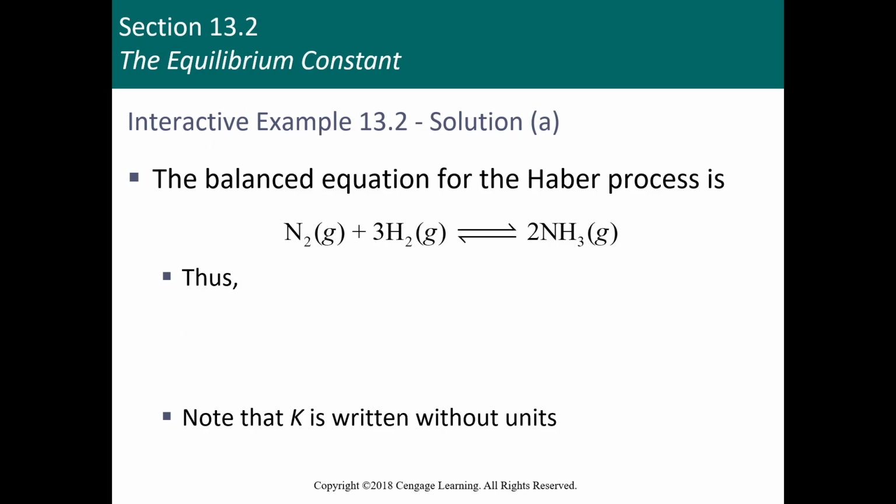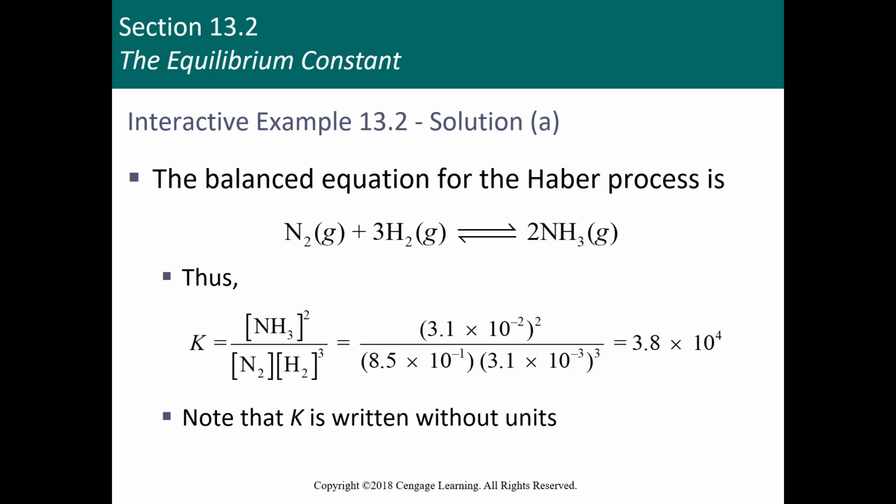So right here we have our Haber process. We go ahead and put our equilibrium expression. Again, it is product, right there, to the power of its coefficient, divided by the reactant, and then its coefficient is 1, so we don't put anything. Or we just put 1, either way. And then right there is your reactant, and again we put its coefficient as the power.